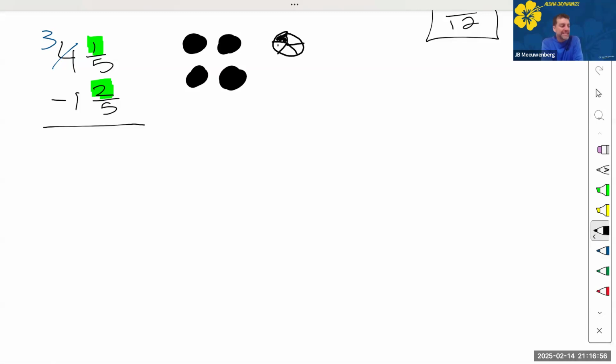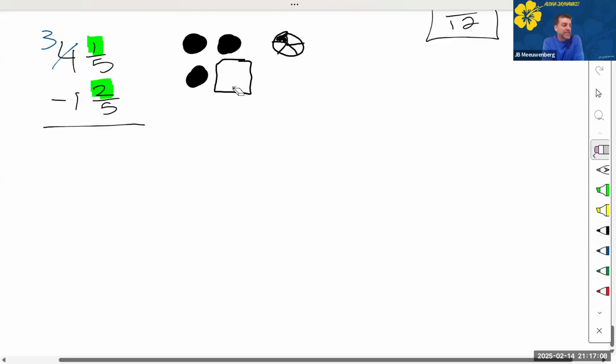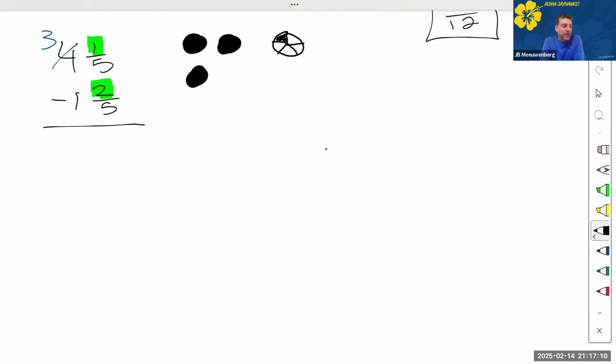So we can agree this represents 4 1/5. But what I'm going to do is take one of these circles. I'm going to erase it, and then I'm going to redraw it slightly differently, cut it up into fifths, and shade each piece individually.